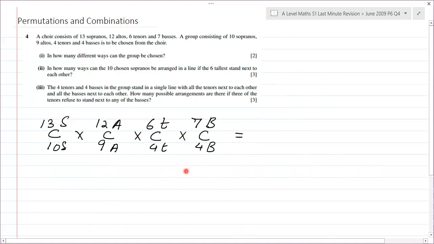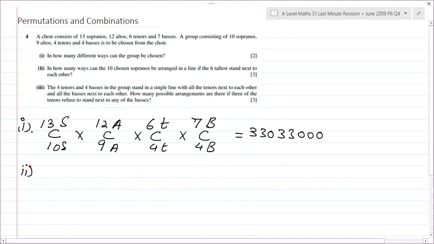Oh, that's a huge number. We get 3,303,312,300. So that's the answer to the first part.